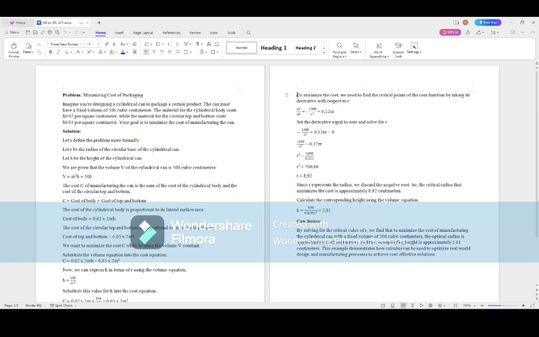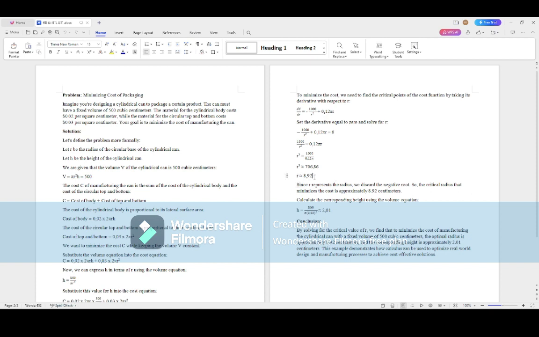After that, to minimize the cost, we need to find the critical point of conversion by taking its derivative with respect to r. And we calculate this here, and we set the derivative equal to 0, and solve for r.